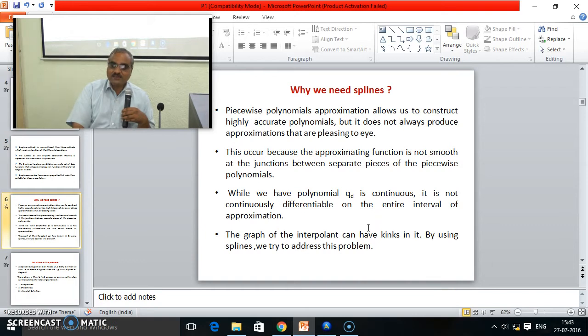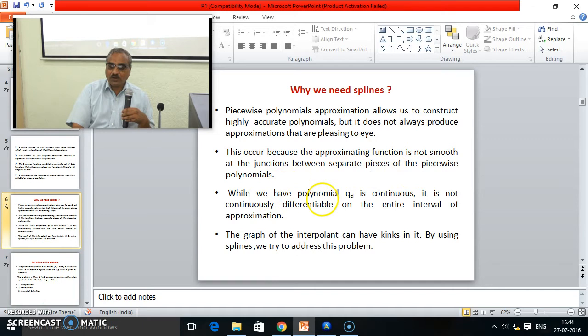Now the question arises, why do we need splines? Piecewise polynomial approximations allow us to construct highly accurate polynomials, but they do not always produce approximations that are pleasing to the eye. This occurs because the approximate function is not smooth at the junctions between separate pieces of the piecewise polynomials.